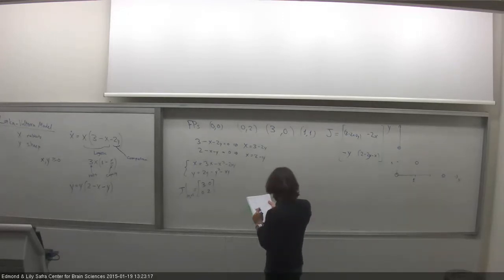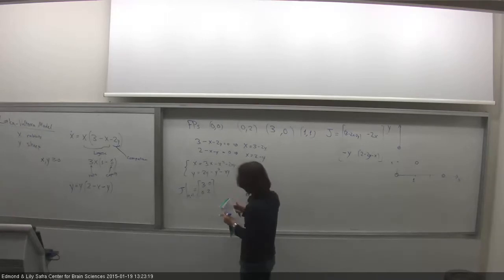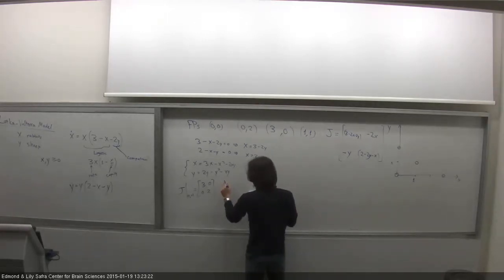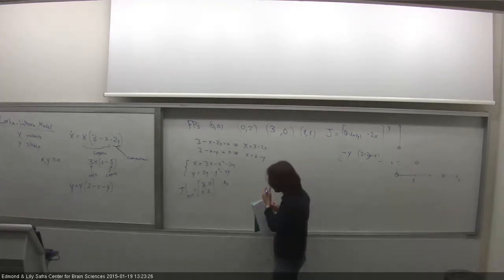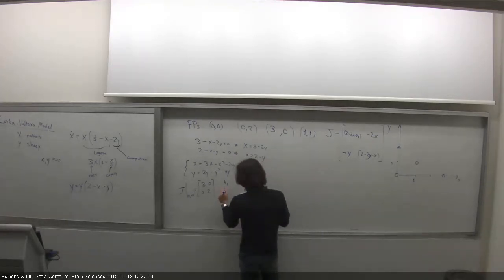And this is really straightforward. This has as eigenvectors the normal vectors, and as eigenvalues it has 3 and 2.